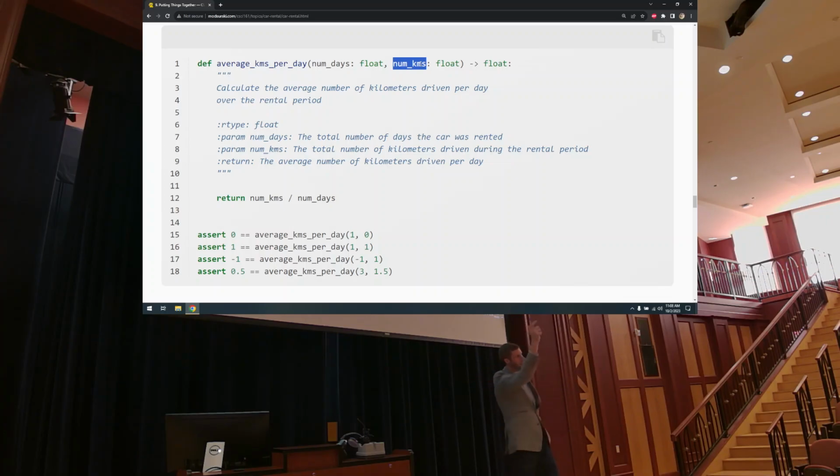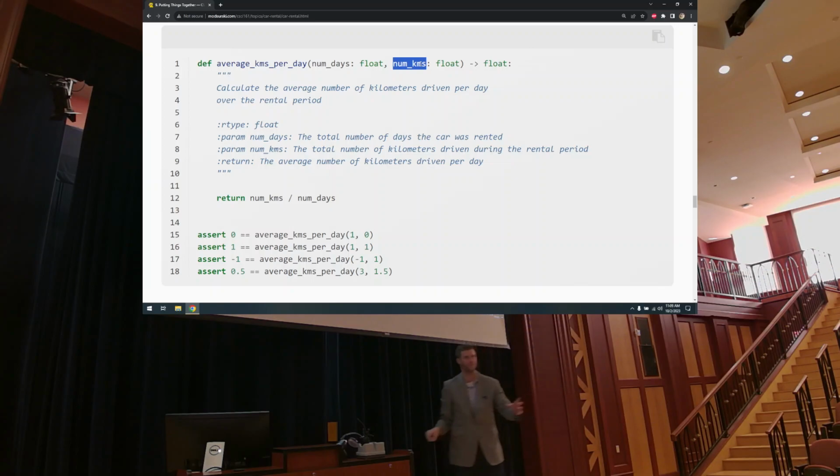We need to do that difference first, and then once I have that, I can pass that value to this function. And you might say, you could have just passed the starting and ending odometer readings as parameters to this function, and then have this function call the total kilometers traveled.